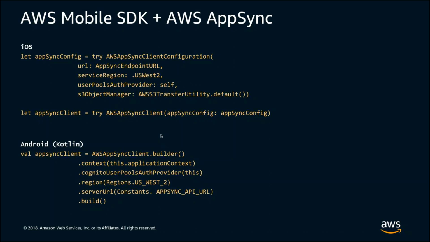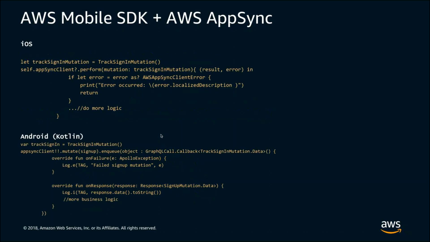The S3 object manager is basically to upload and download data to S3. You would do the same thing for Android, and this is a Kotlin sample, but it's extendable to Java very easily. You would specify the application context, the user pool auth provider, the AWS region, and the service URL.